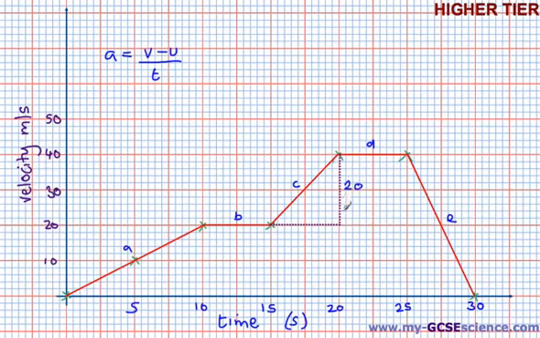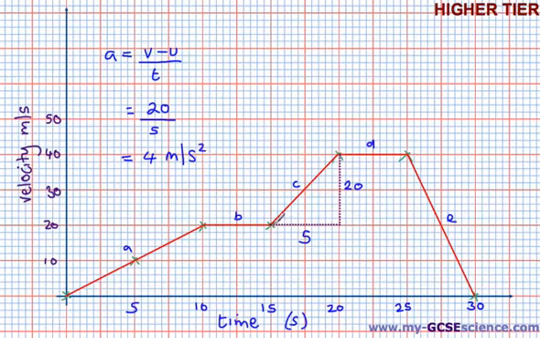And between here and here we're going from 15 to 20, so that's 5. So all you would do is put the 20 over 5, and that gives you an answer of 4. And remember, for acceleration it's 4 meters per second squared.